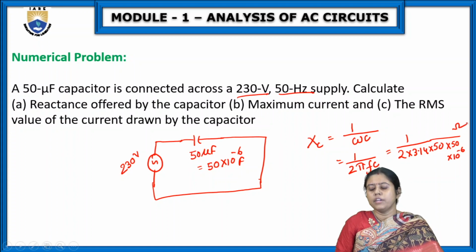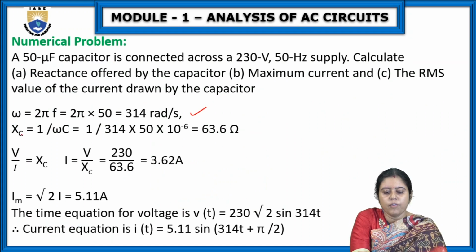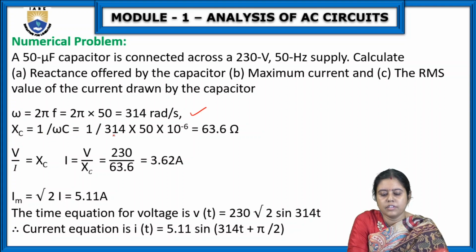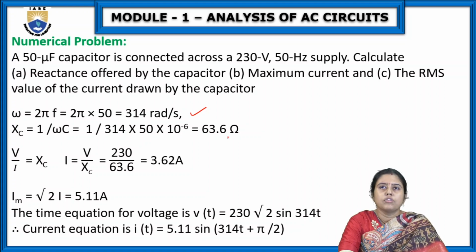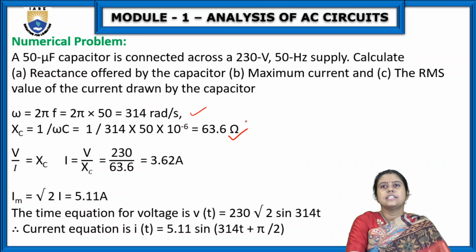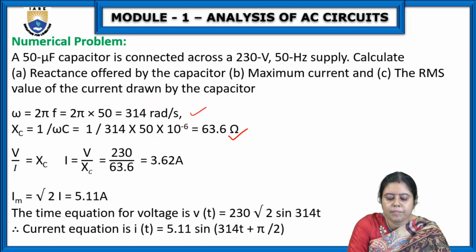The unit will be ohm. Omega is 2 pi f, which is 314. So XC is 1 by 314 into 50 into 10 to the power minus 6. So the value is coming as 63.6 ohm.